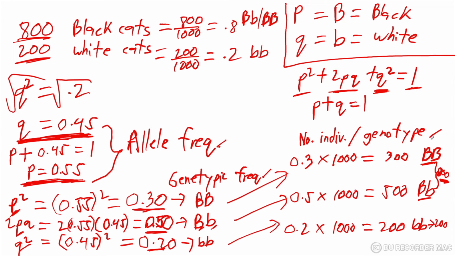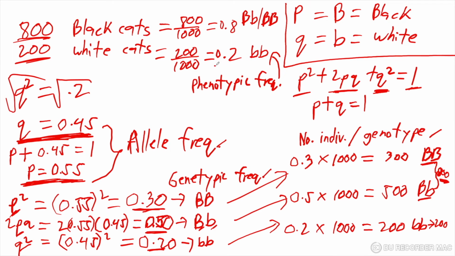So this is the genotypic frequency. How about the phenotypic frequency? How will we compute for our phenotypic frequency? For the phenotypic frequency, we just simply look at the given here. Right? Because this is the phenotypic frequency.